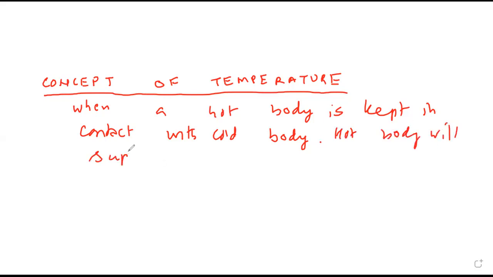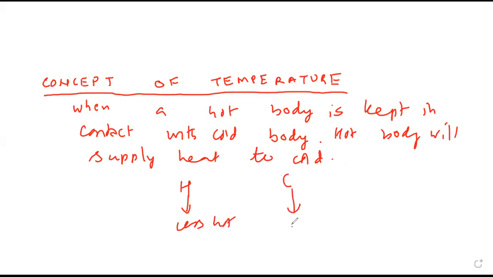Okay. So if it is supplying, it means it is losing heat. So the hot body will become less hot, and the cold body will become more hot, that means less cold. So the hot body will become less hot, the cold body will become less cold.